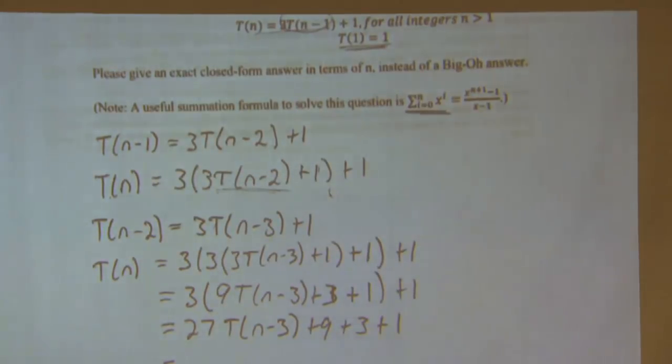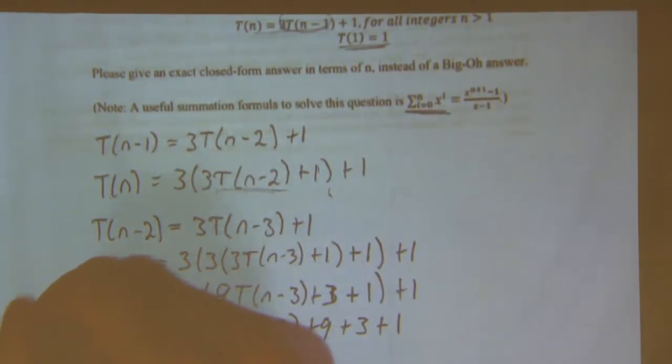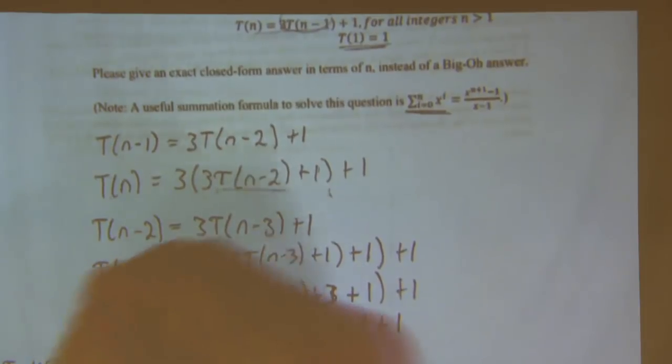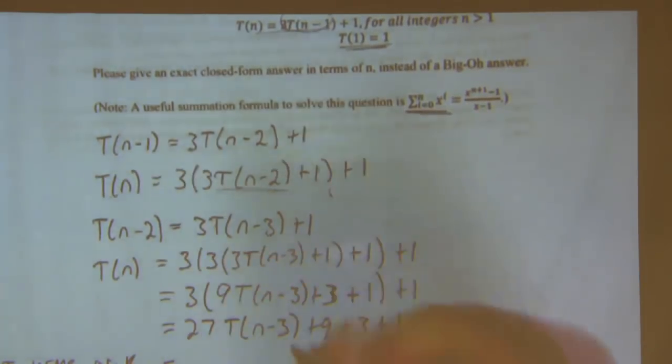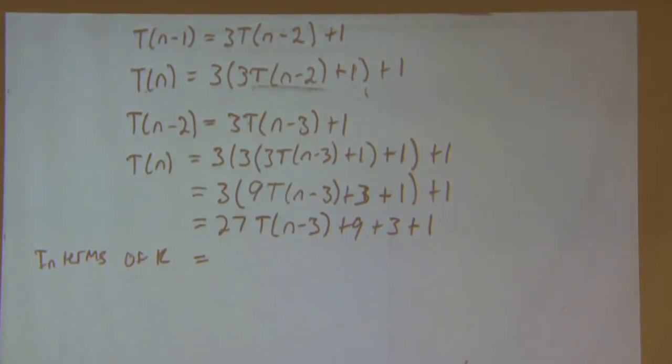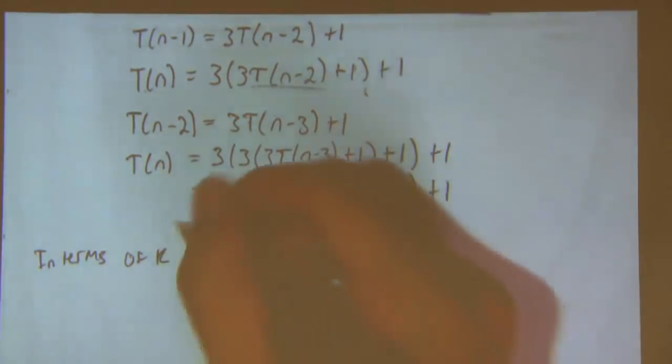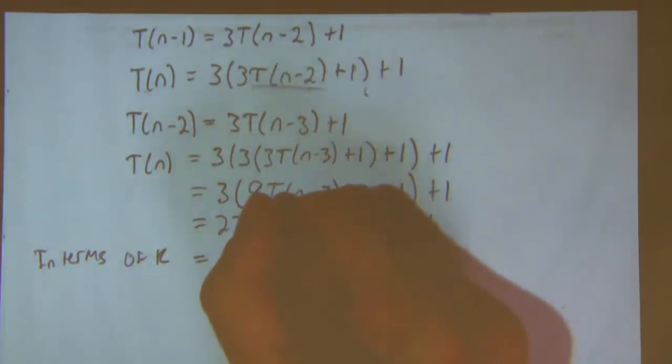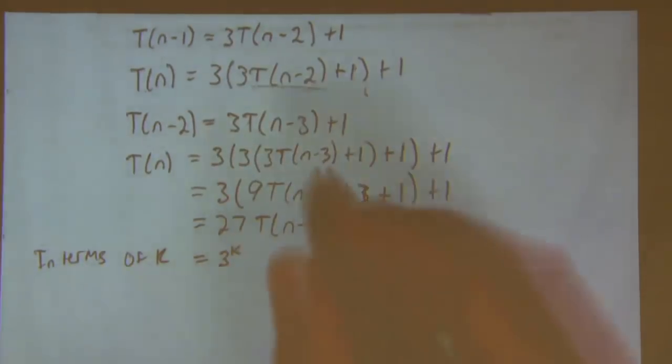And so what I want to do is write it in terms of some other variable k, right? And so in terms of k, and I'll write that formula down here once we actually use it, we have 3 to the k, right?